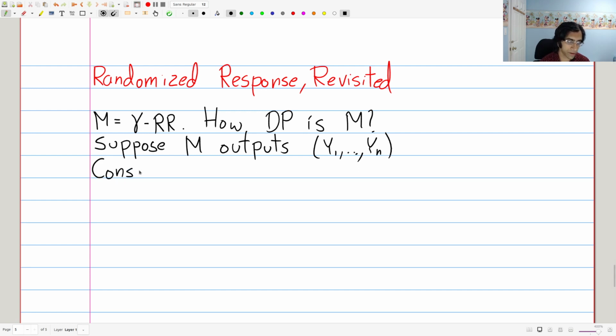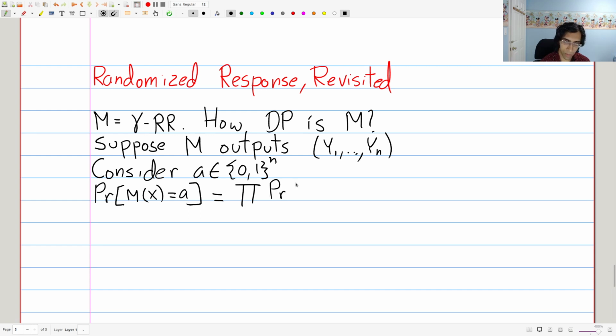Okay, so we're going to consider one particular outcome and then a generic outcome. Consider the realization a, which is in {0,1}^n. What is the probability that M outputs this bit string? Well, the probability that M on some data set is equal to a is equal to the product of the probabilities that yi equals ai.